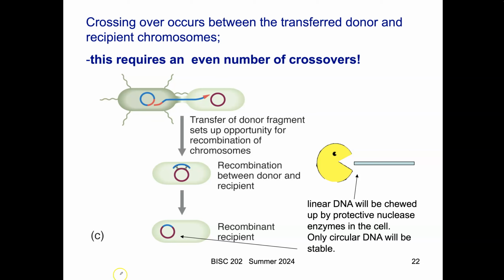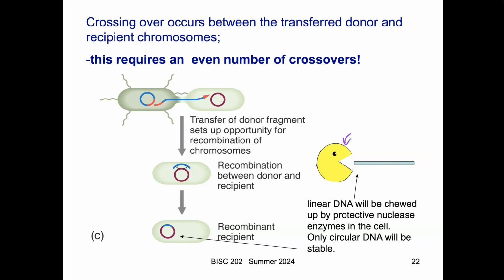Okay, and so basically you can't just transfer a bunch of linear DNA into a bacterial host cell because there are nuclease enzymes that do not like linear DNA. If your chromosomes are supposed to be circular, then when linear DNA that's not in a circle but has these ends on it is recognized, it could be certain kinds of viruses invading the cell.